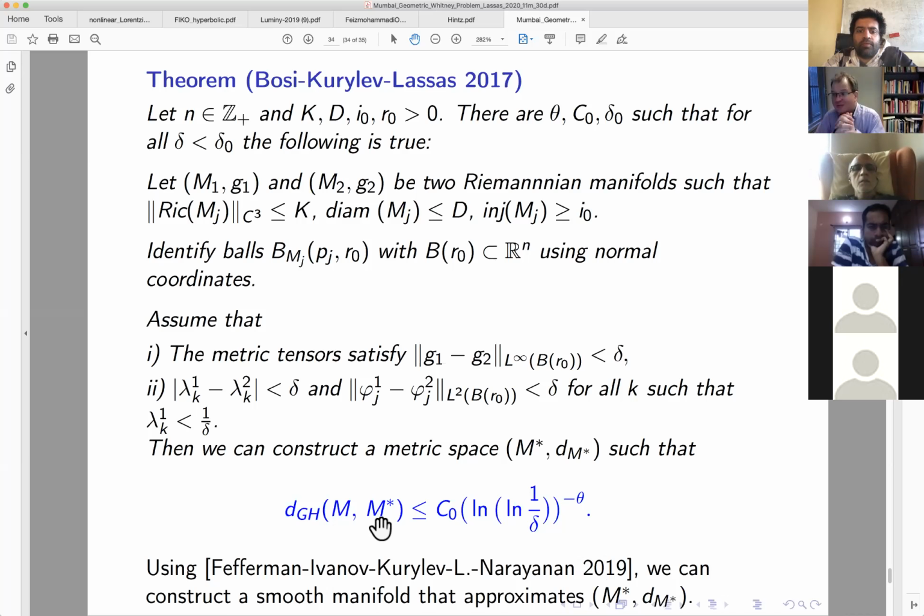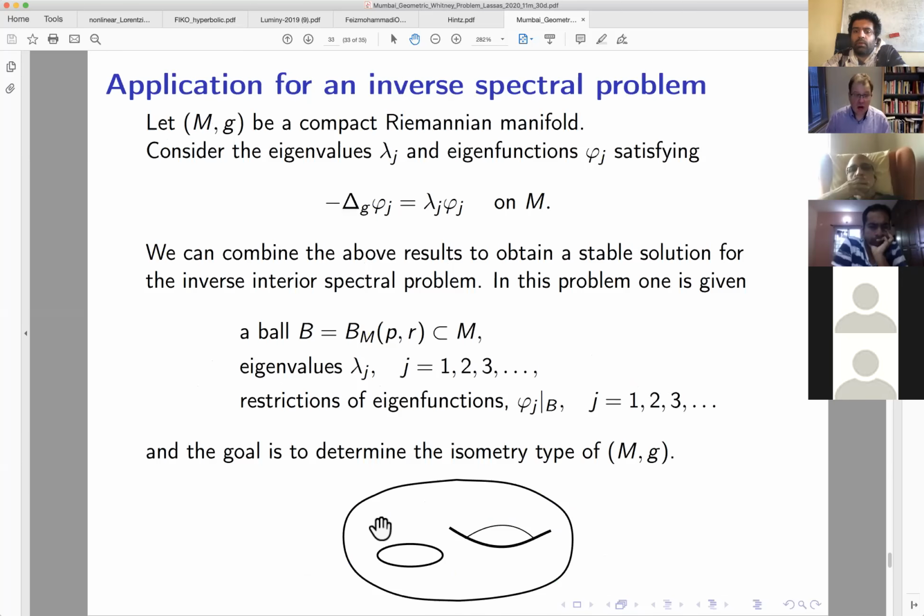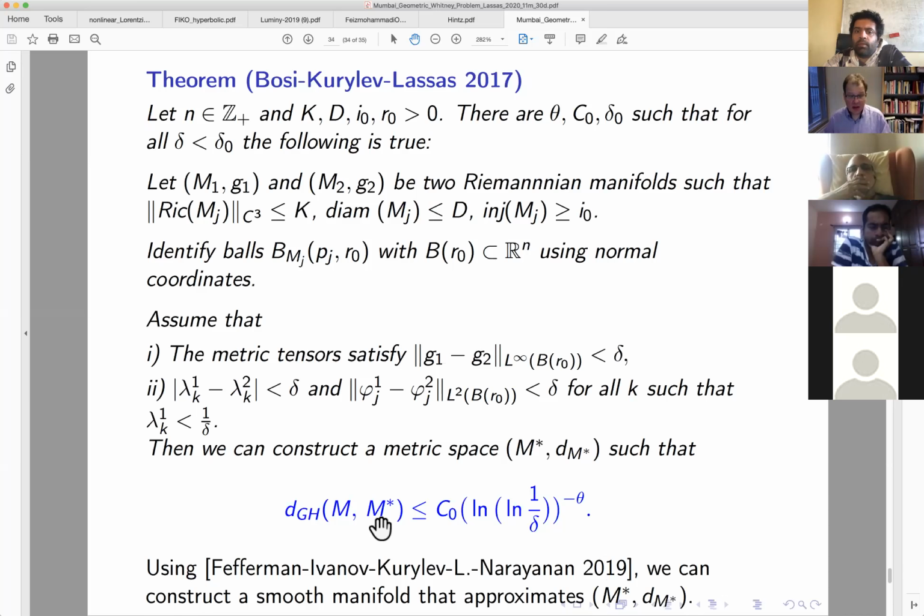So please. If the eigenfunctions have multiplicity, do you have to change the form of this condition somehow? That is a very excellent question. Yes. So if the assumptions are true, then the result is true.